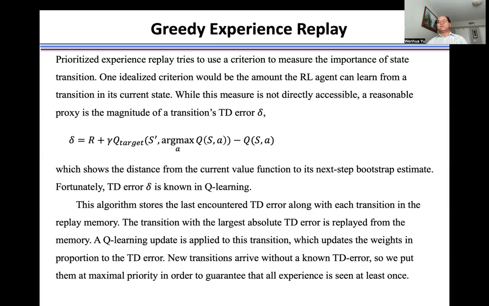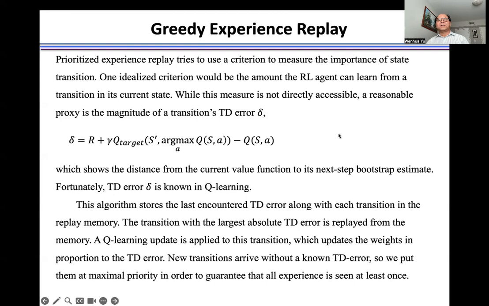We first define an objective function, then we calculate the gradient of the objective function, and use that gradient to update the model parameters theta. We know the gradient of the objective function is proportional to the TD error delta. This delta is equal to two parts: this is the target, and this is the current Q value function at state S and action A.